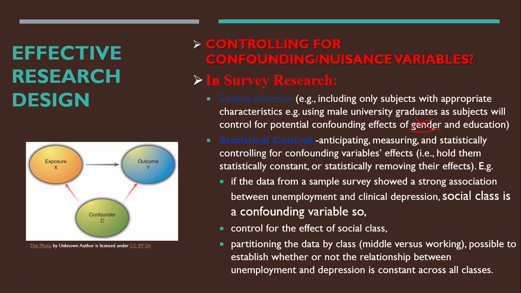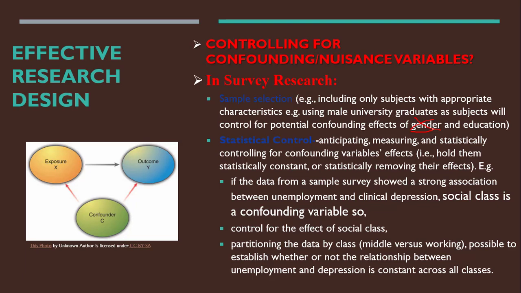But also, when we are doing statistical analysis, we can do a statistical control. There are techniques that we can use to control for this kind of difference within the group. So if we look at this same group, the male university graduates, we can control for social class, which means we can partition the data into the different classes they came from and see whether we see the same relationship.